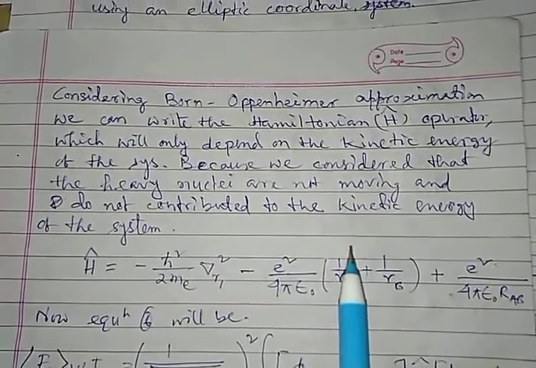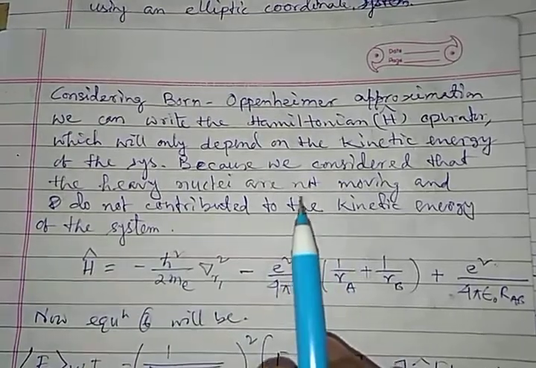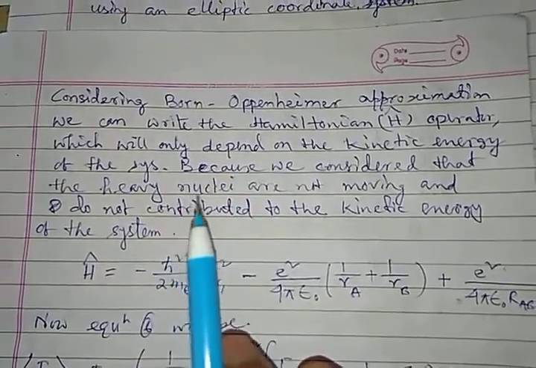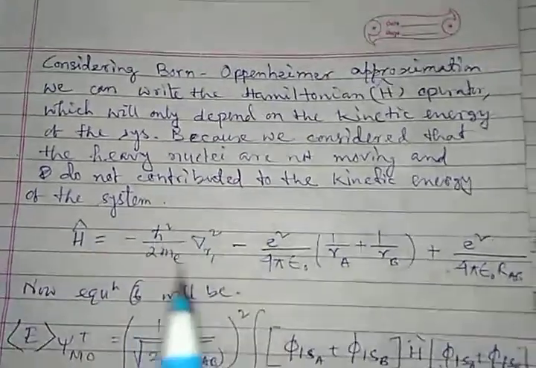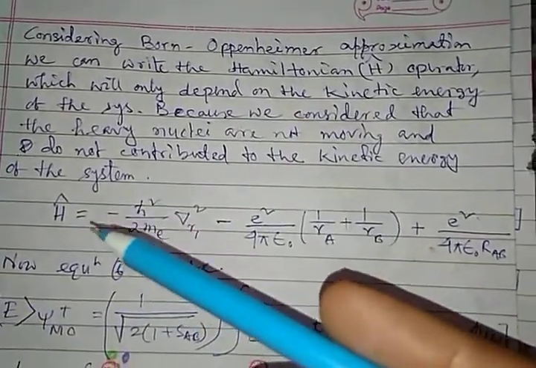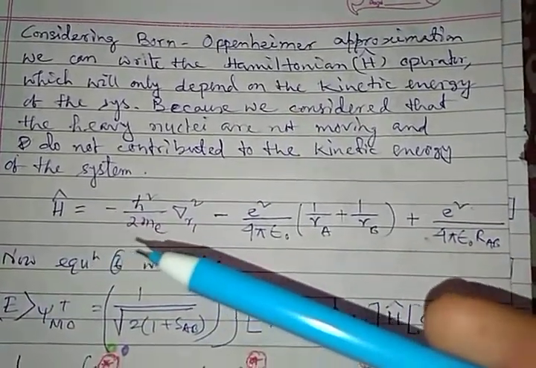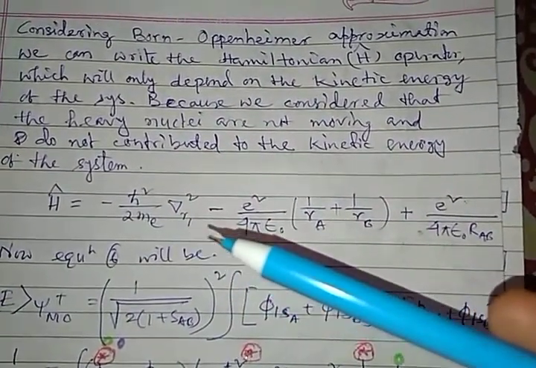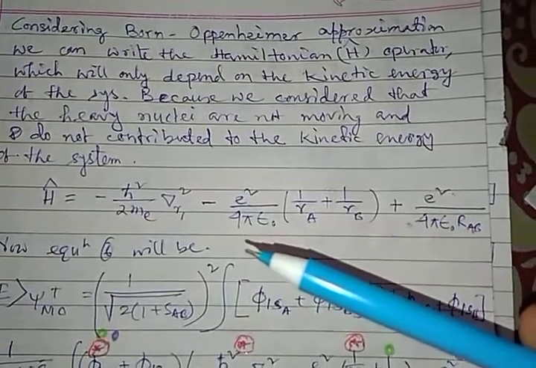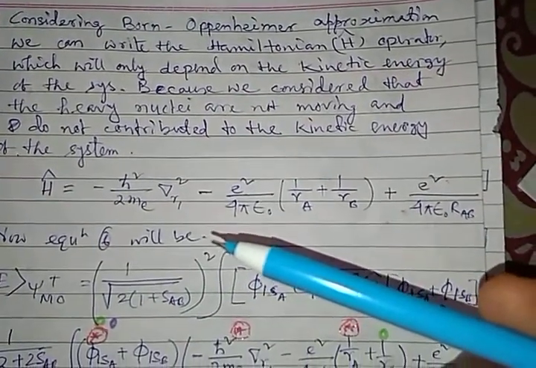That is, nuclei are heavy and they cannot move. This type of approximation we are considering. So the Hamiltonian will be similar to the Hamiltonian for the electronic Schrodinger equation, which we have noticed in the Born-Oppenheimer approximation case.